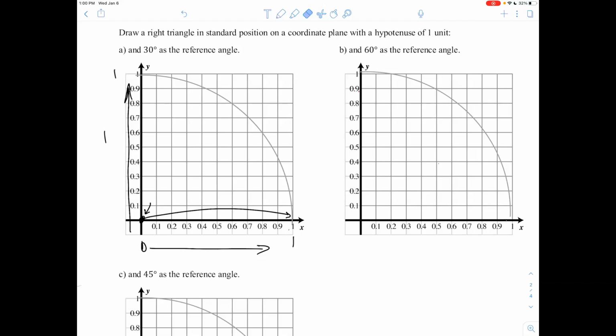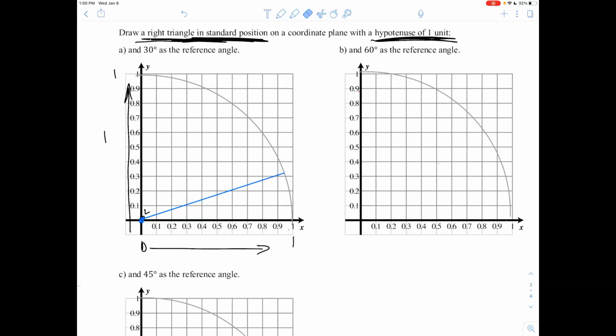Okay, this is useful because you are asked to draw a right triangle in standard position on the coordinate plane with a hypotenuse of 1 unit. So what I've done is draw a circle, and this is the center of my circle, and this line right here is my radius, right?